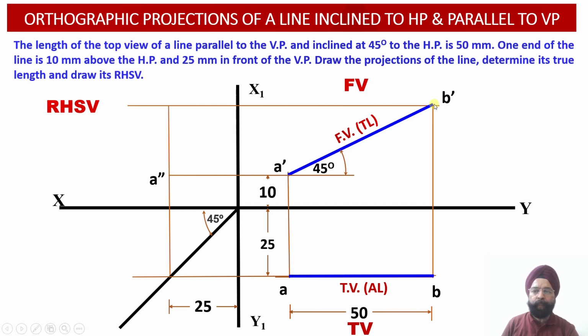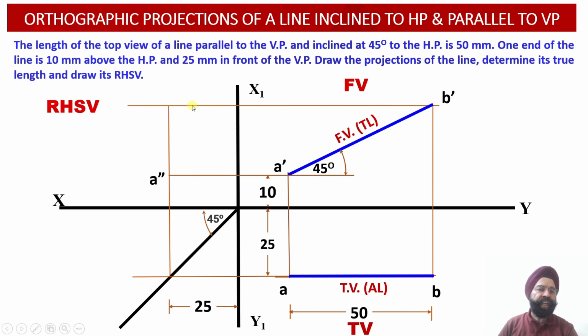Now, at whatever height the point B dash is located in the elevation, there will be the same height corresponding to the point B double dash in the profile view projections. So from the B dash point in the front view, again we construct a horizontal locus line and move into the profile plane such that the height of the point B double dash is located over here.